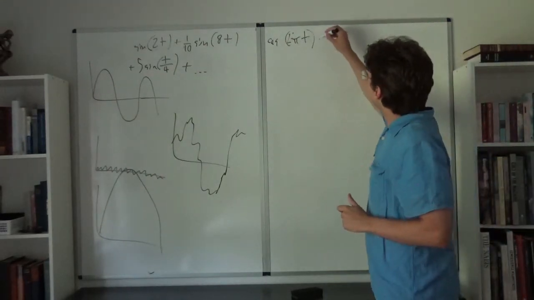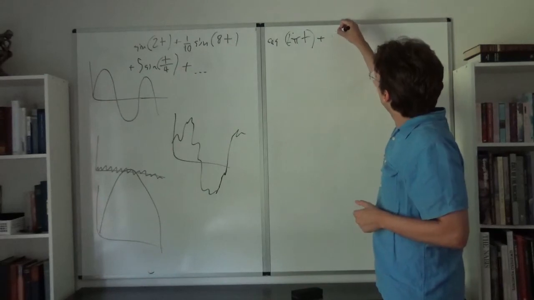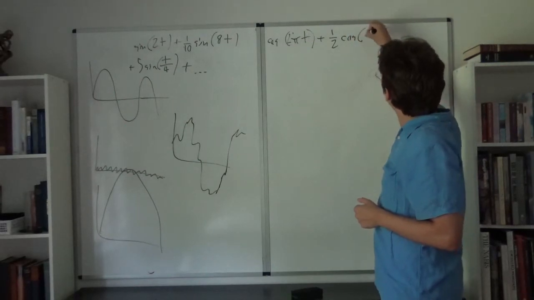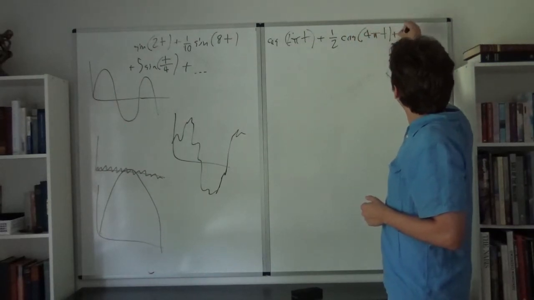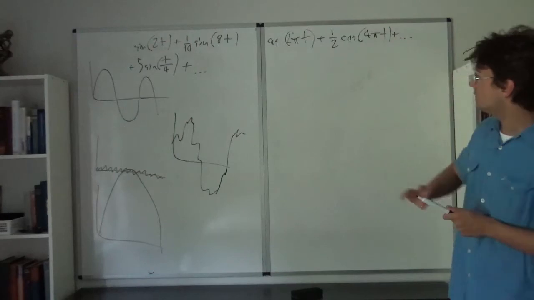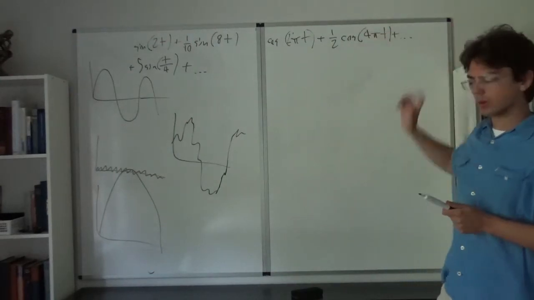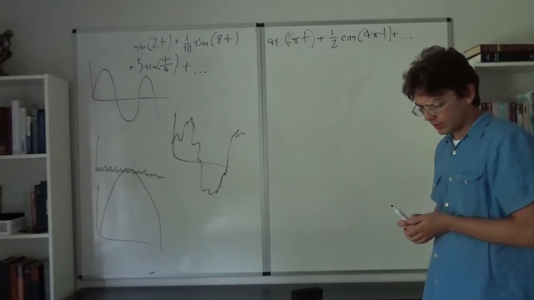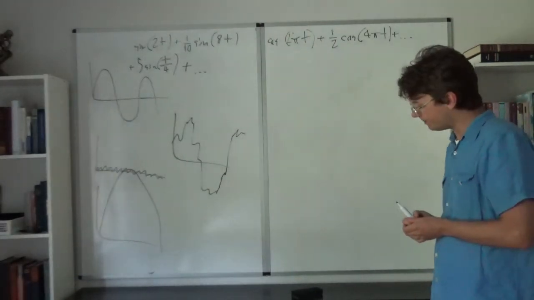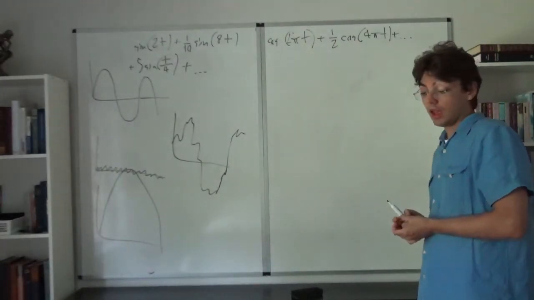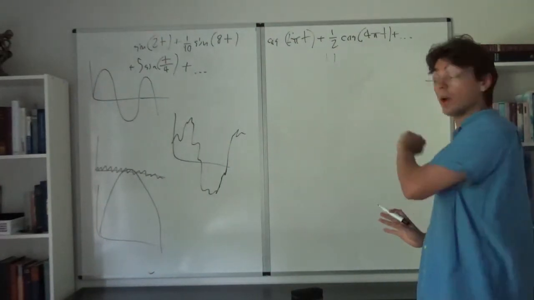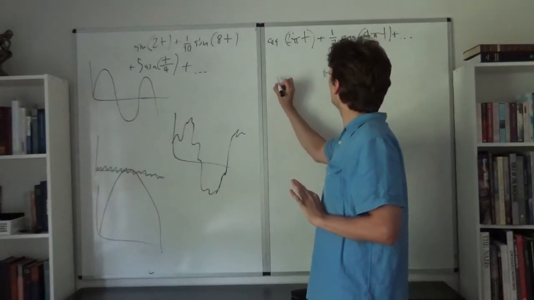Cosine 2 pi t plus, let's say, 1/2 cosine 4 pi t, etc. Okay? More and more higher frequencies thrown onto there. And you get this series of sine functions here, or cosine functions. And you realize, okay, I got a great idea. I figured out a way of rewriting this.